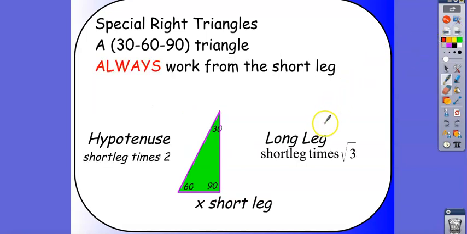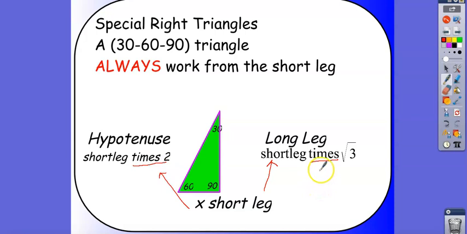Okay, after you've labeled your triangle, think of it. I'm starting with the short leg. How do I figure out what my long leg is? I'm going to go this way, and I'm going to say it's the short leg times root 3. I have the short leg. I want to go to the hypotenuse. It's the short leg times 2.